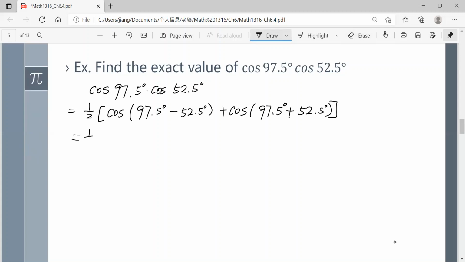So let's see what these are. This is cosine of 97.5 minus 52.5, that's 45 degrees. Then add them together, just to save some space.